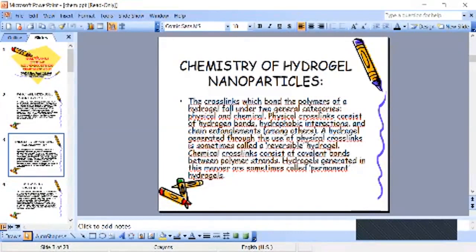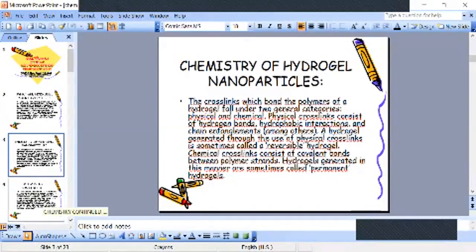Physical crosslinks consist of hydrogen bonds, hydrophobic interactions, and chain entanglements. A hydrogel generated through the use of physical crosslinks is called a reversible hydrogel. Chemical crosslinks consist of a covalent bond between polymer strands. Hydrogels generated in this manner are sometimes called permanent hydrogels. Further, we can discuss its chemistry.